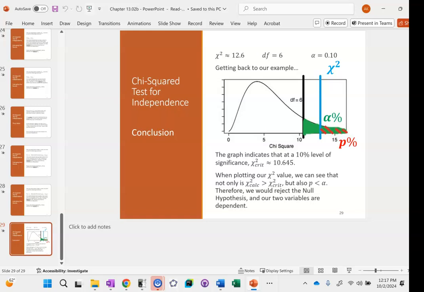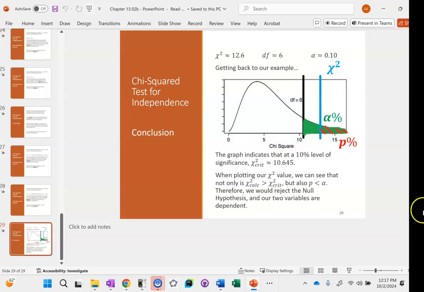And again, the question is, is that a big number or a small number? I need to compare it to something. So we'll compare it to the level of significance, but I also need my degrees of freedom for that. The degrees of freedom here are different because we have a two-way table instead of a one-way table. It's the number of rows minus 1 times the number of columns minus 1.